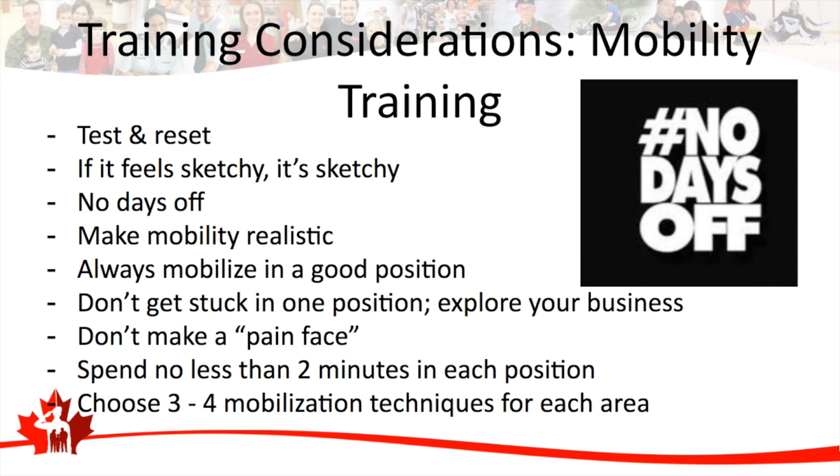Training considerations, mobility training, test and reset. Use mobility exercises as tools to measure within the context of the movement and or pain. So an example of this would be if you were to start in a deep squat position, you can determine what tissues feel restricted or tight.